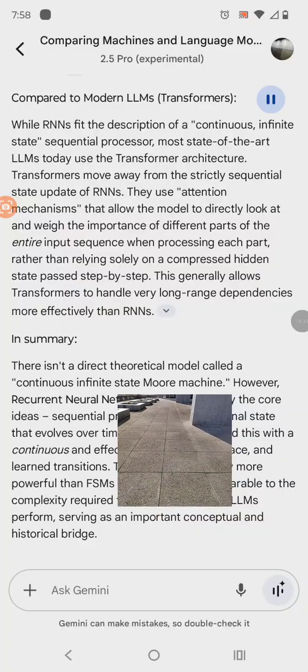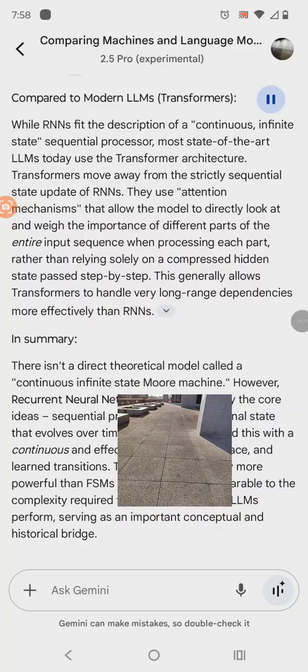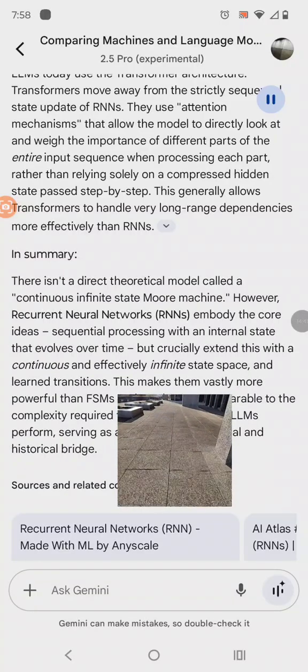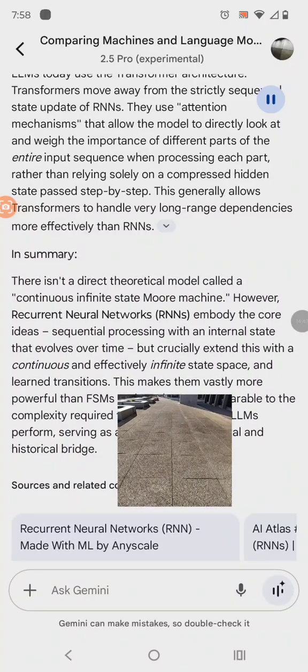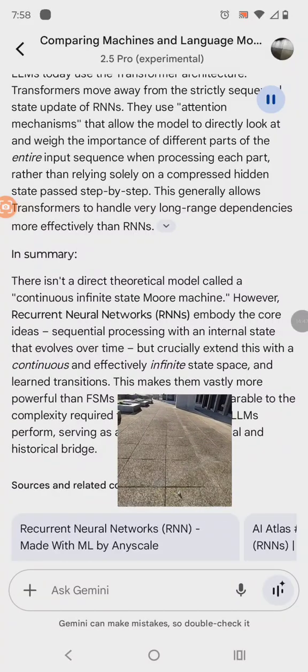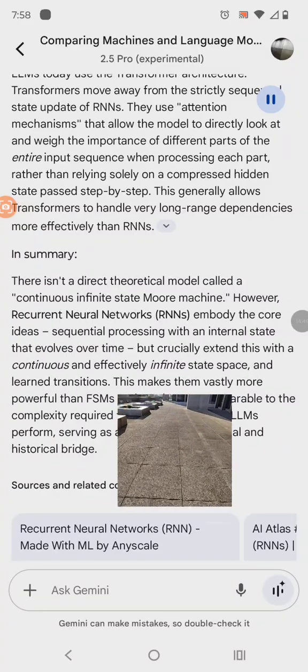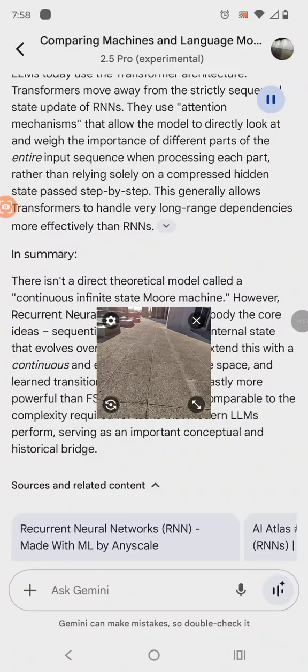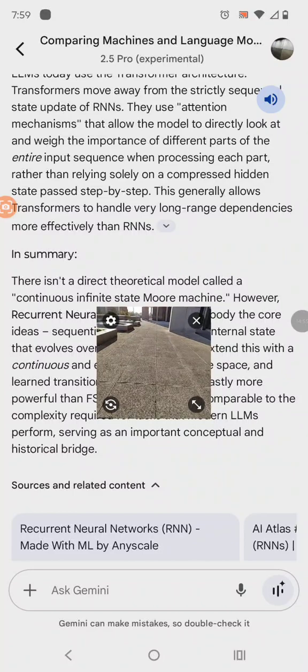Transformers move away from the strictly sequential state update of RNNs. They use attention mechanisms that allow the model to directly look at and weigh the importance of different parts of the entire input sequence when processing each part, rather than relying solely on a compressed hidden state passed step by step. This generally allows transformers to handle very long-range dependencies more effectively than RNNs.